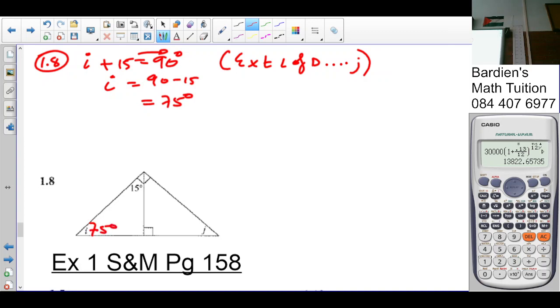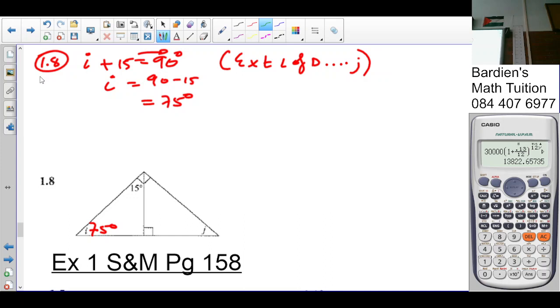Now I will calculate J. First 15 plus 19 plus J. J is 15, but how are we going to get it?